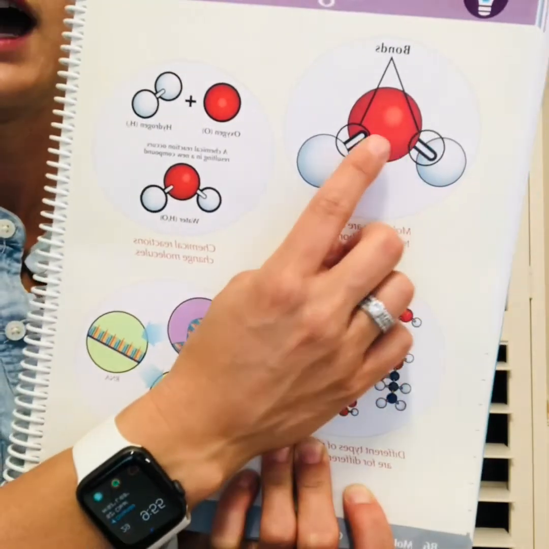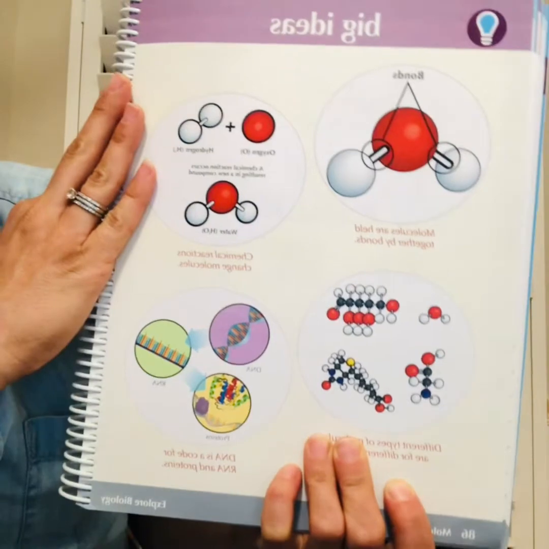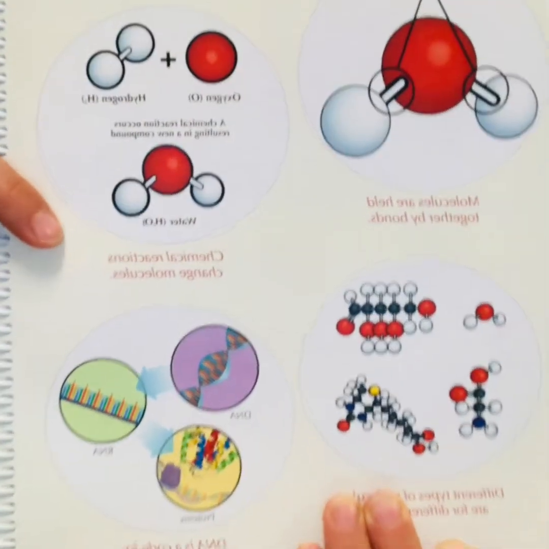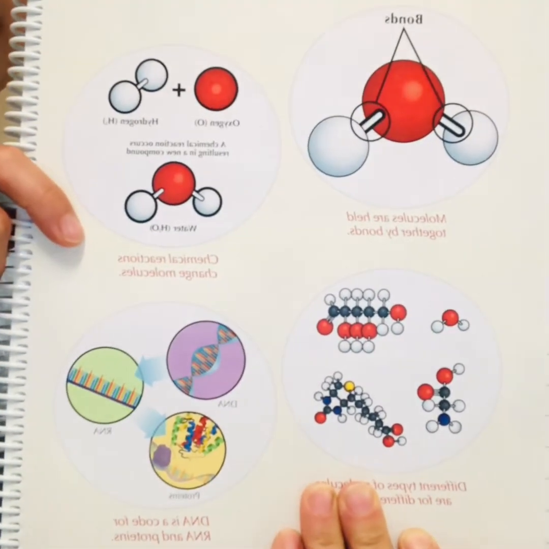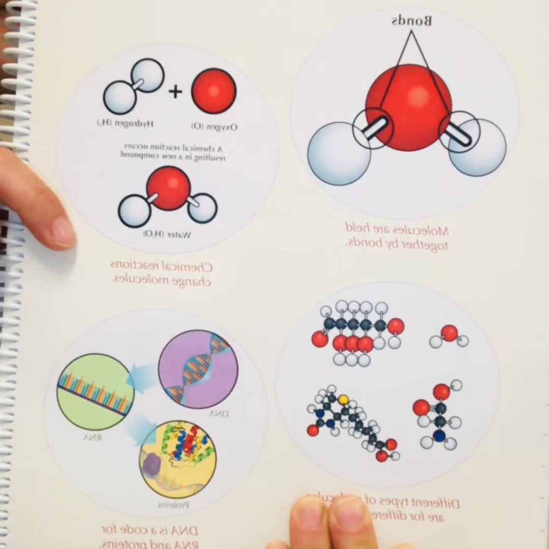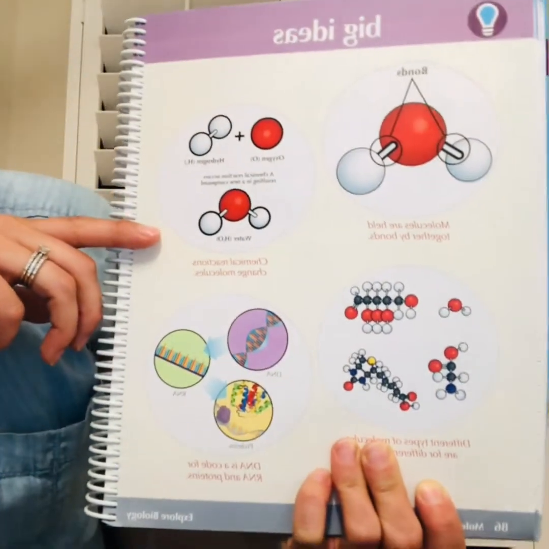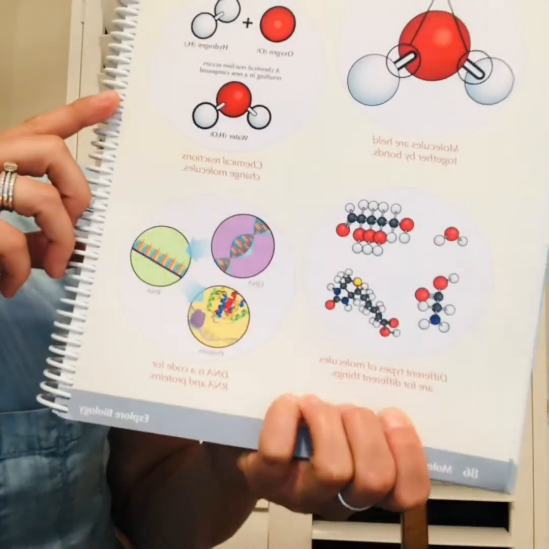Each are different types of atoms held together by bonds. Chemical reactions change molecules. We're going to do some experiments with chemical reactions so that we can really understand what that actually means.